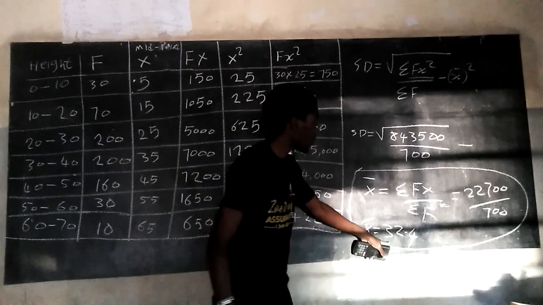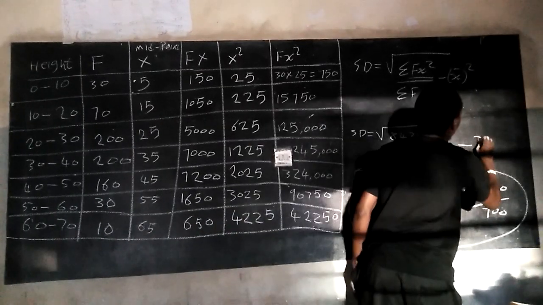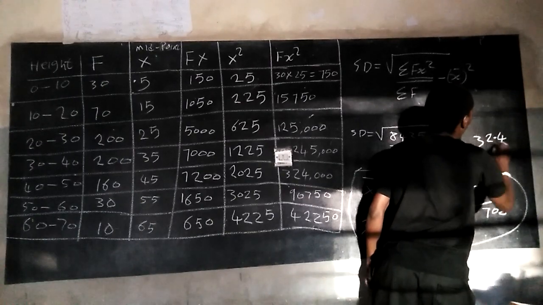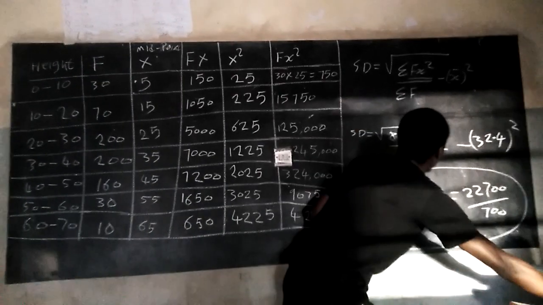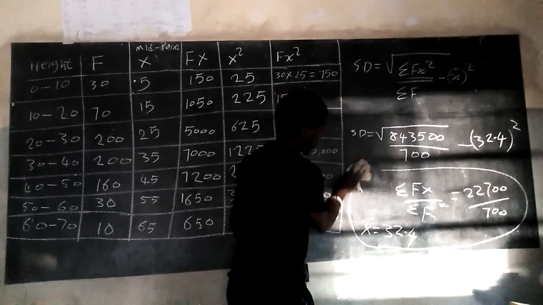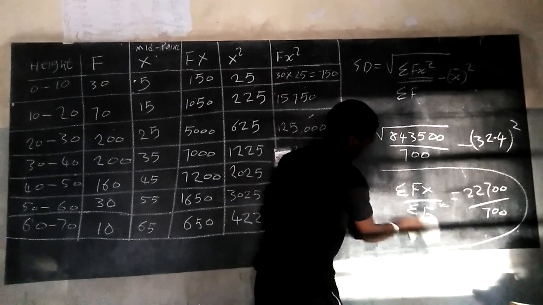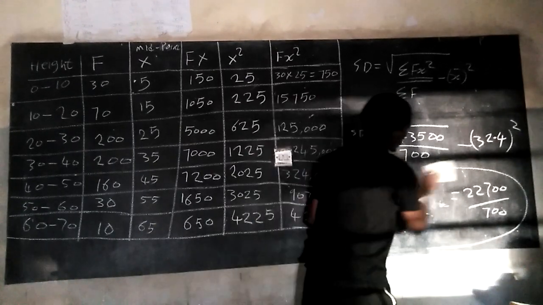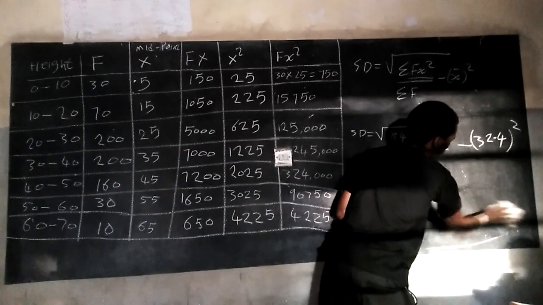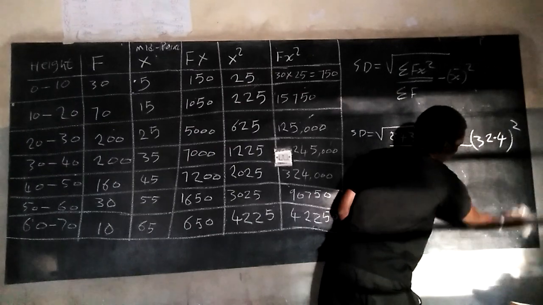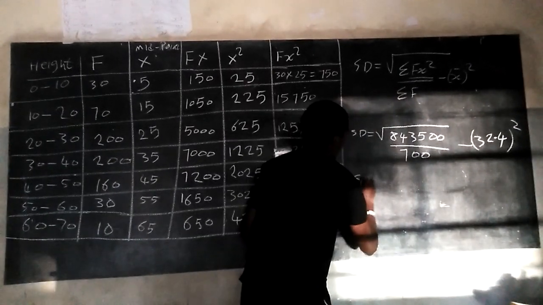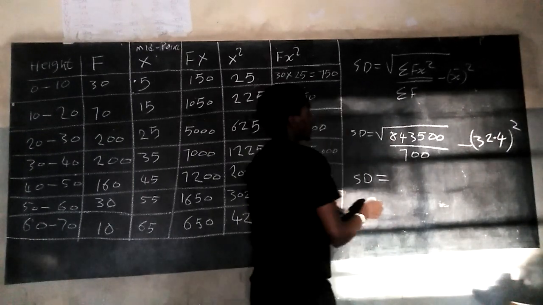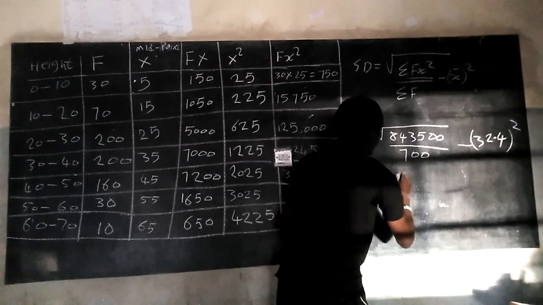So now since we have found our mean, we put it here, 32.4 squared. Then I'm going to say standard deviation is equal to the square root of.